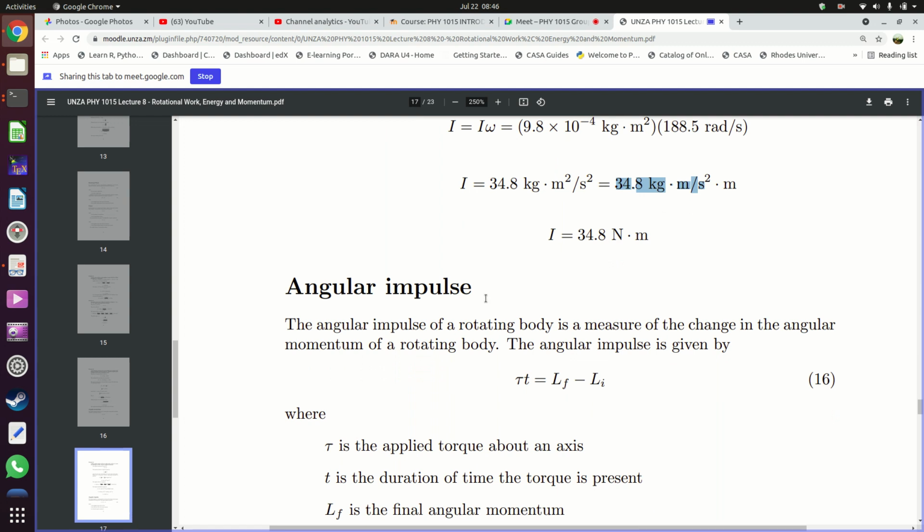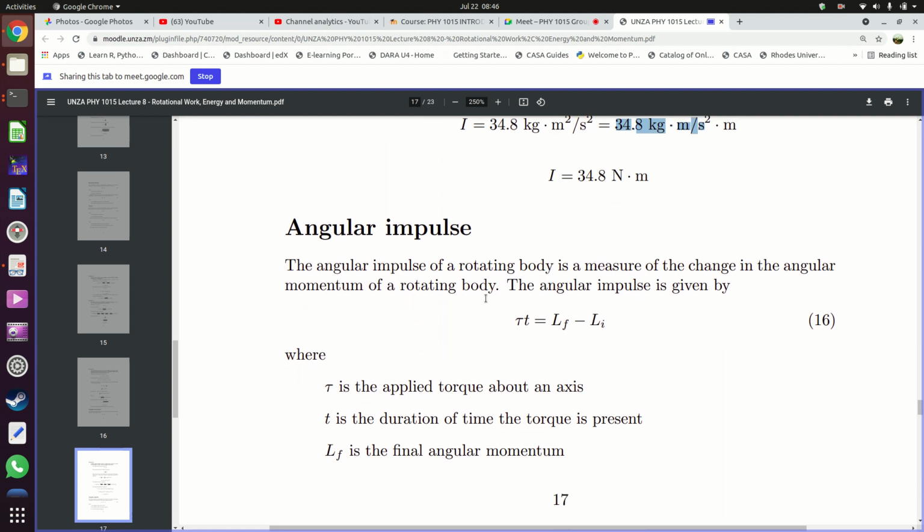Okay, so let's move on to the angular impulse. Like I was saying, impulse measures how much motion an object has gained or lost. And remember, motion is measured in terms of linear momentum or angular momentum. The same applies with angular impulse.